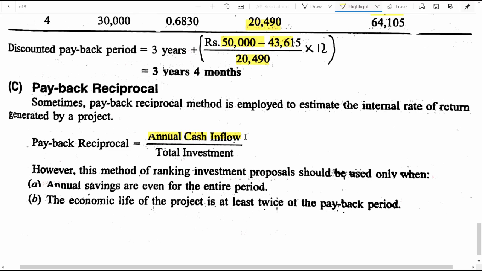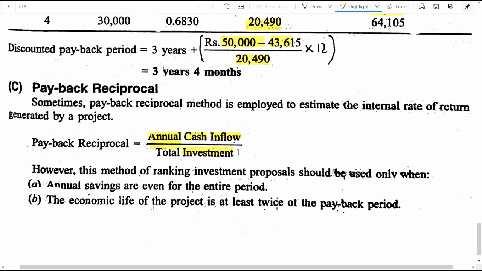We will discuss this aspect in detail when we discuss the topic internal rate of return. Fine. Payback period reciprocal is equal to annual cash inflow of a project divided by total investment. It will give us a factor to be located based on which we can very easily calculate the internal rate of return of a project.